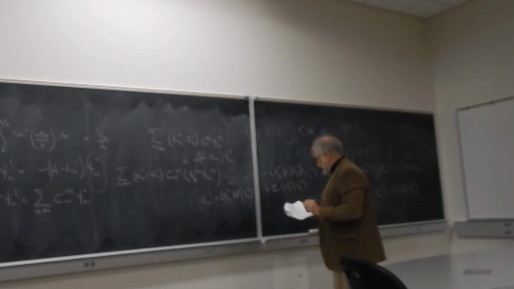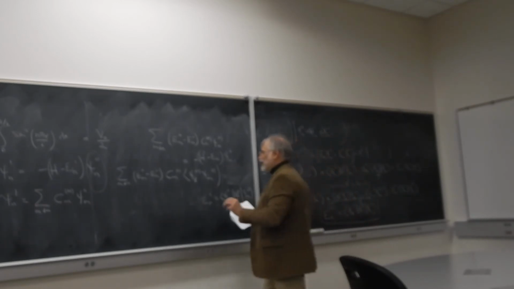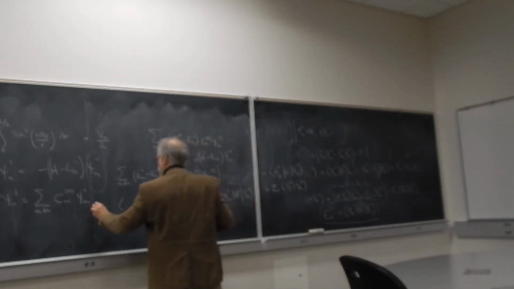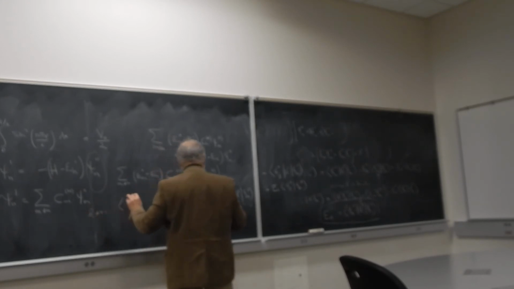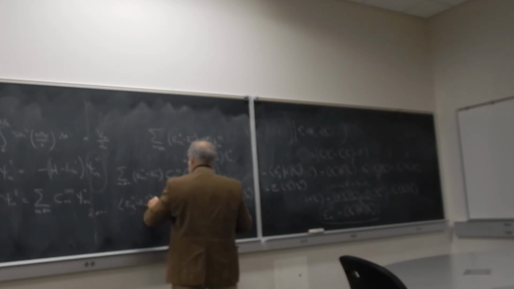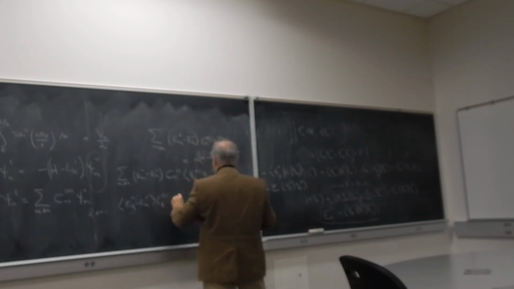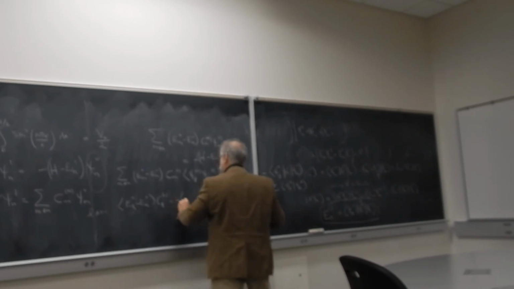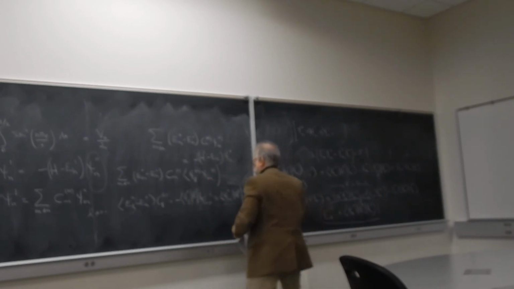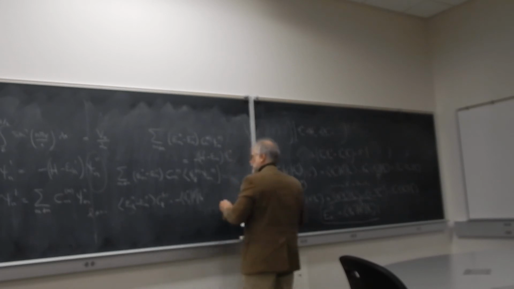But if L is not equal to m, then we get (EL minus EN) C sub L,n is equal to minus psi L of 0, H1 psi n of 0.